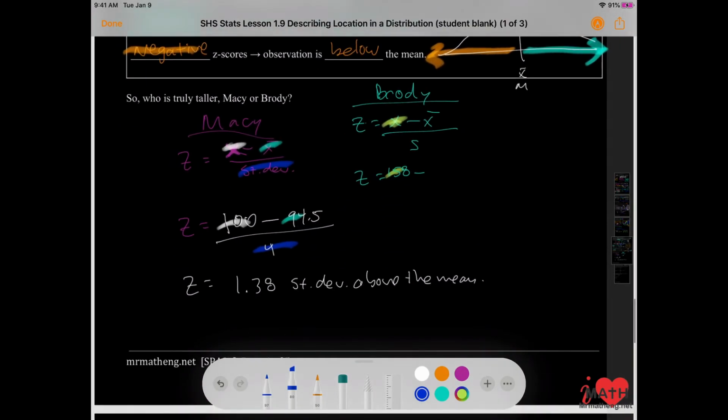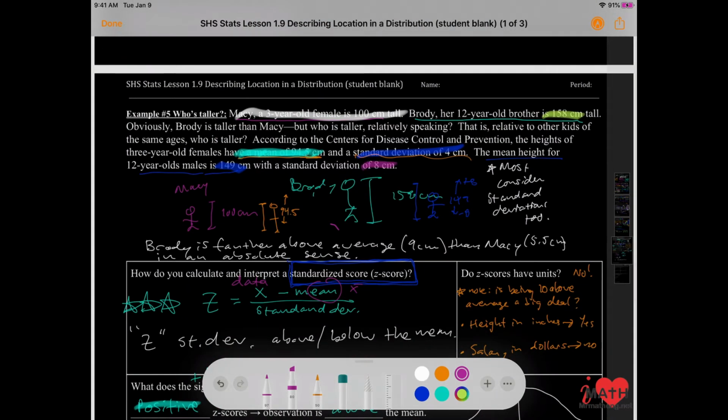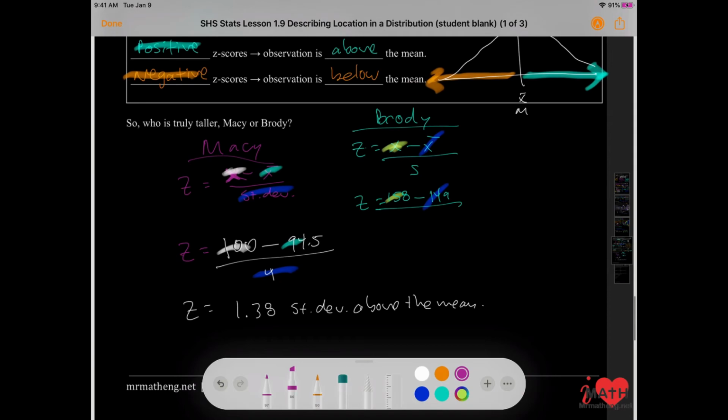Let's write that, 149. And then what was the standard deviation for 12-year-olds? That would have been 8. So if I calculate all that, you're going to get 1.13. 1.13 standard deviations. Is it plus or minus? Plus. If it's plus, that means it's above or below? It'd be above the mean.